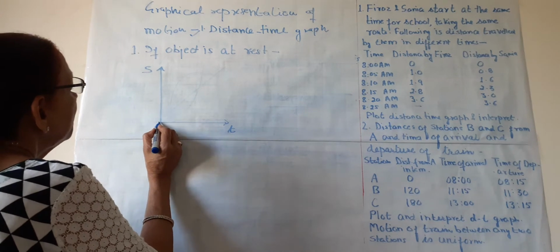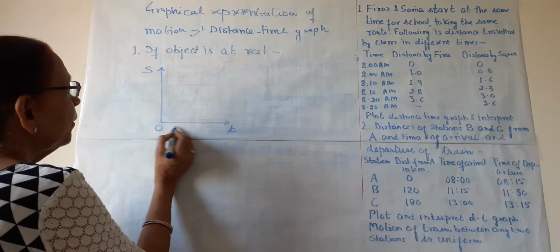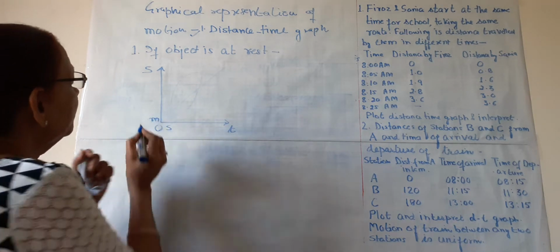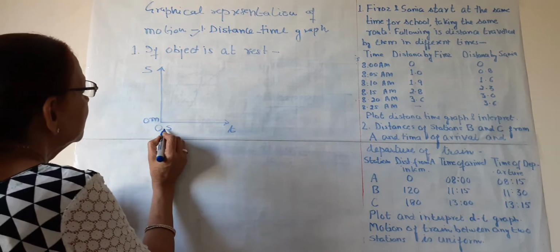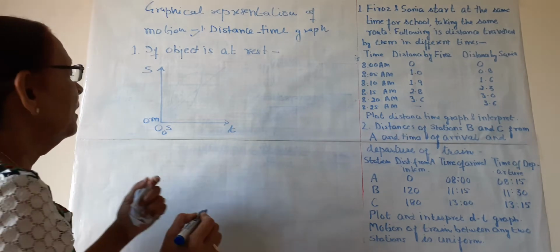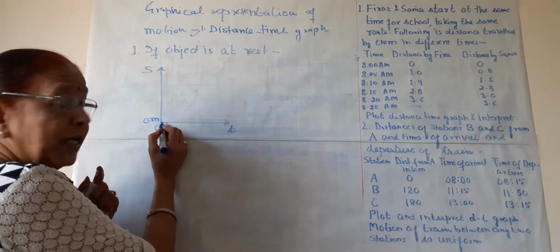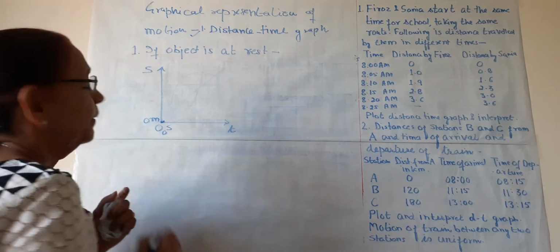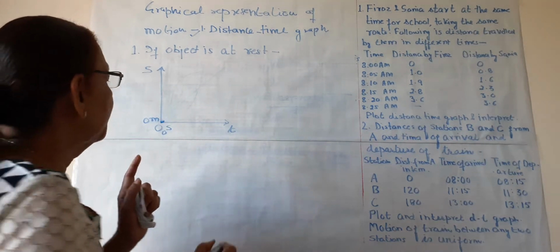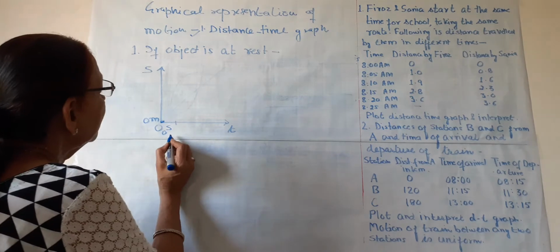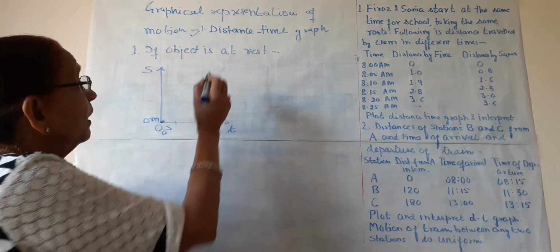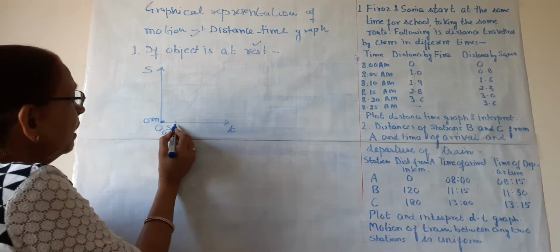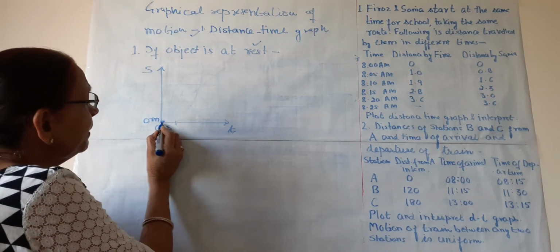Suppose this is 0 seconds and this is 0 meter distance. Initially, when it is not moving, the body is here at 0. After 1 second, if it is at rest, it will be here. It is not moving.